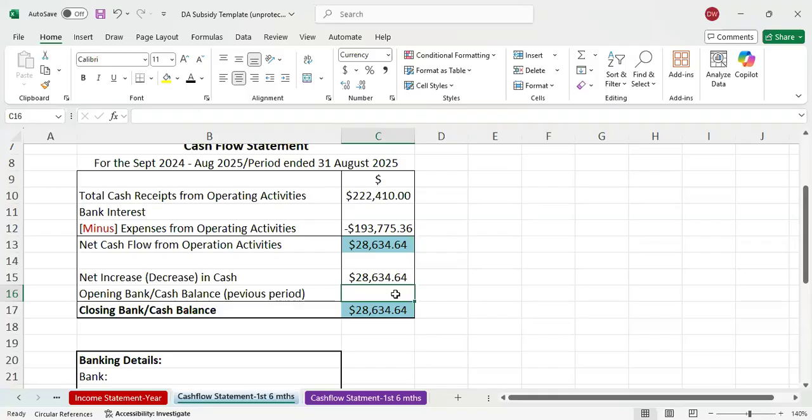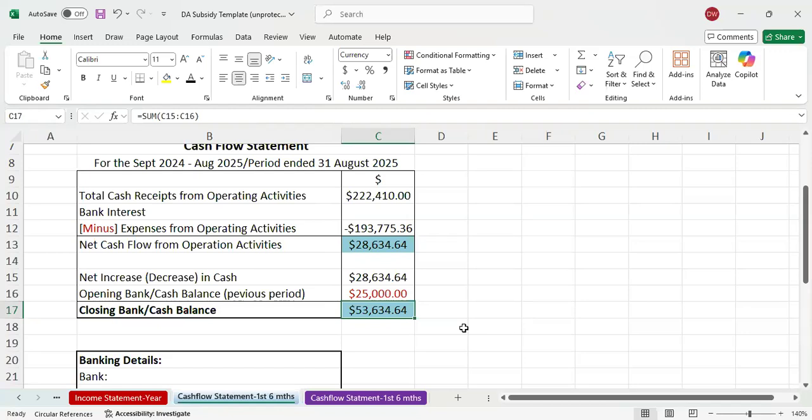So for example, let us say that at the end of that previous period, there was a $25,000 profit. Therefore, the total cash or bank balance that this treasurer will have for this financial period will be $53,634.64. So this basically sums up how the income and expense statement and the cash flow statement will be presented for the financial period.